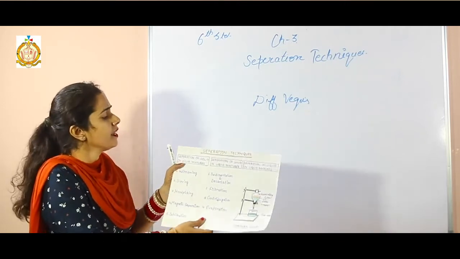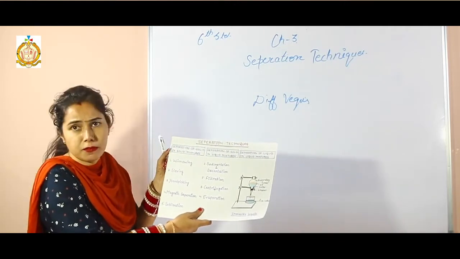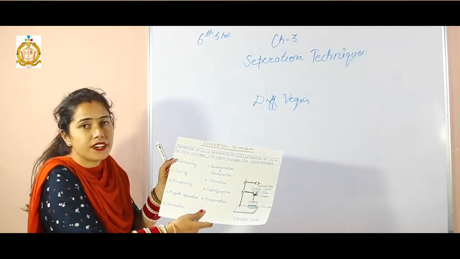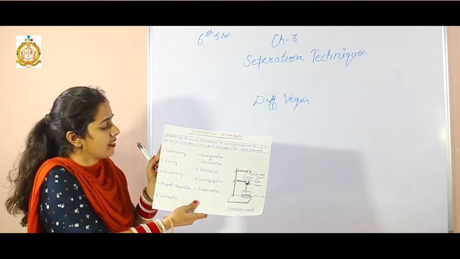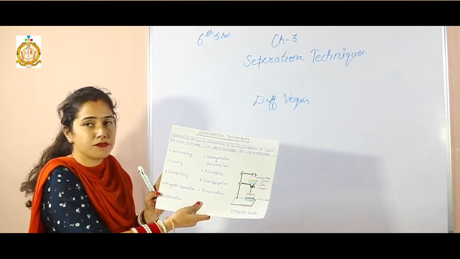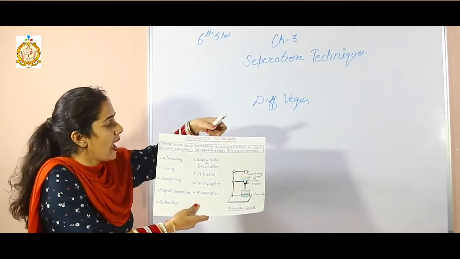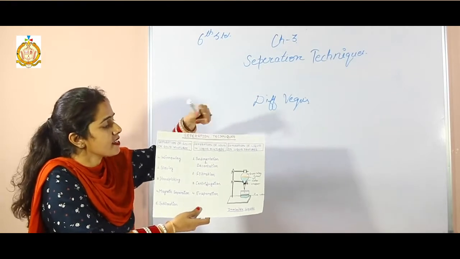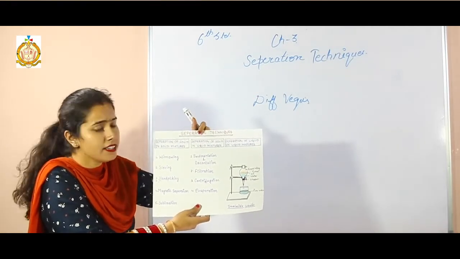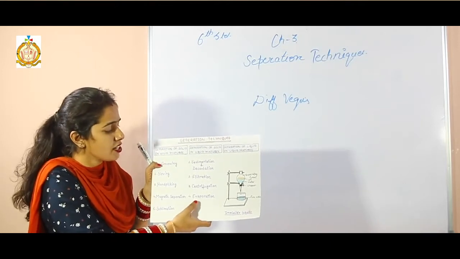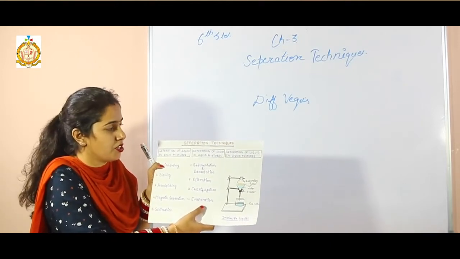In separation of solid in solid mixtures, we will discuss 5 processes: first, winnowing; second, sieving; third, hand picking; fourth, magnetic separation; and fifth, sublimation. In separation of solid and liquid mixtures, we will discuss sedimentation and decantation, second, filtration, third, centrifugation, and fourth, evaporation.